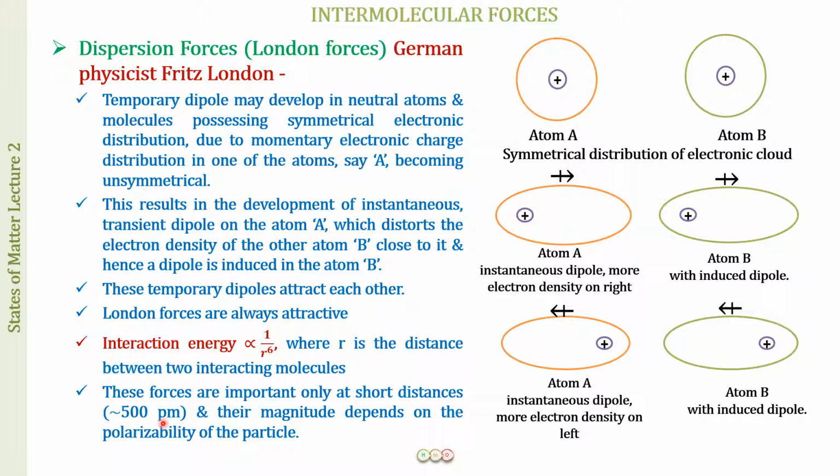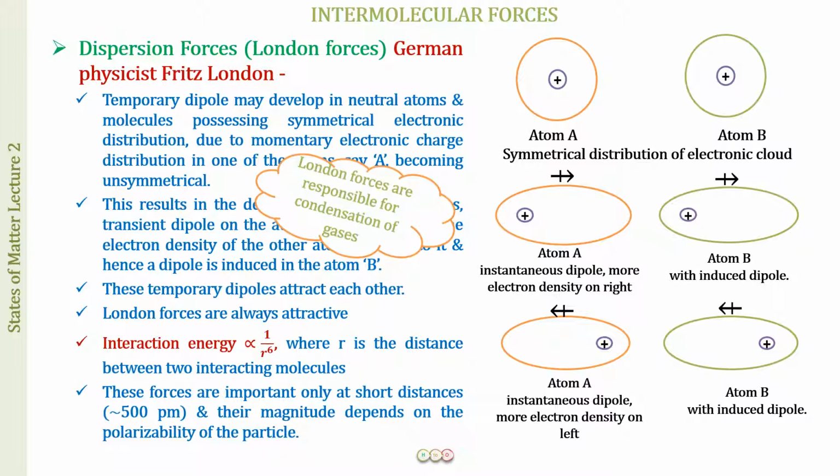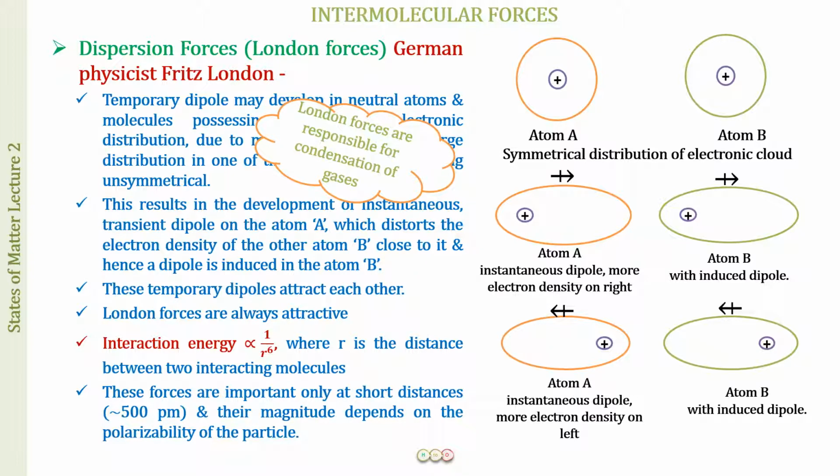In the gases, the molecules or the atoms are going to be far away from each other, right? But when we decrease the temperature of the gases, the gas molecules or the atoms are going to come close to each other. At that moment, when they are coming close to each other, these forces will come into play, and this is going to result in the condensation of the gases. So the London forces are responsible for the condensation of gases. Please do remember, very important.